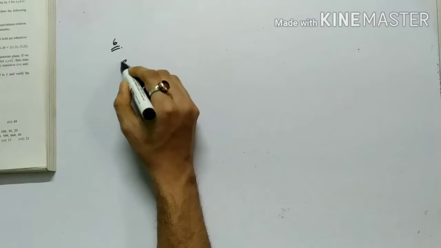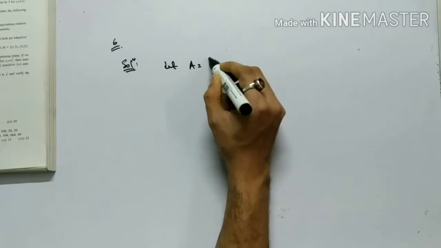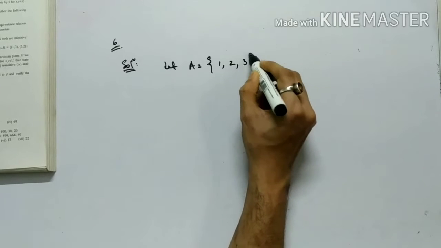First of all I will take the set. Let there be a set A and its elements are 1, 2, 3.